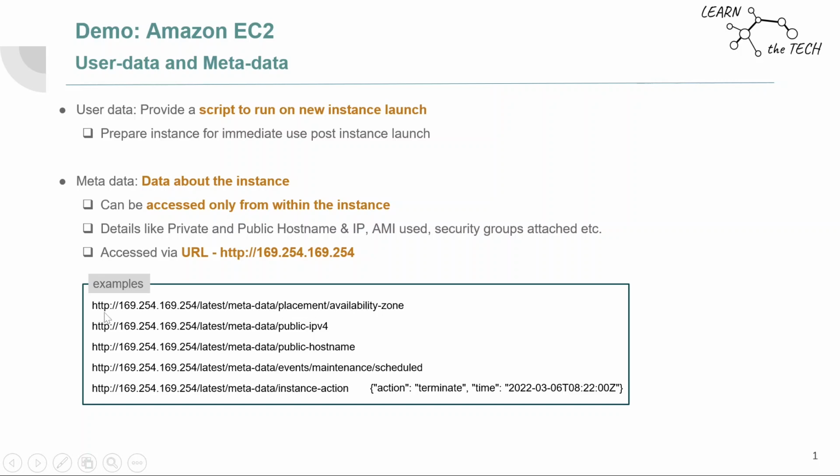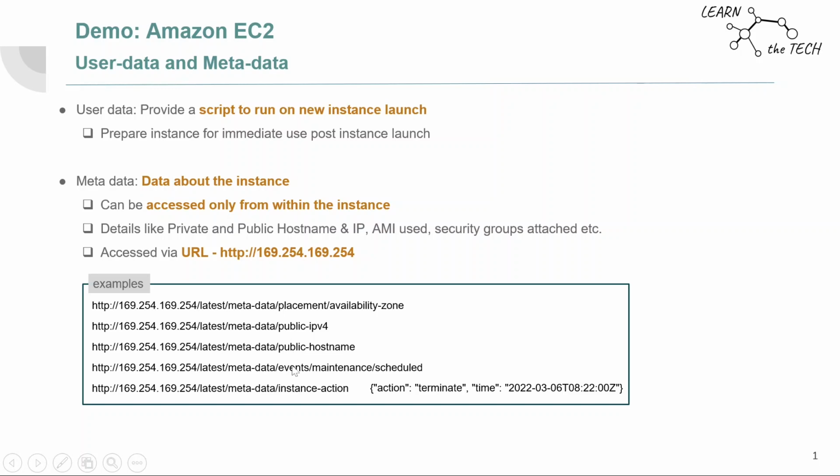The base URL is http, this IP address, slash latest slash meta-data, and then you can provide the necessary path to get the different information. Say, for example, you want to check from within the EC2 instance which availability zone this instance is launched in, then you can use this URL. If you want to find out the public IP address or the public host name, you can use these URLs.